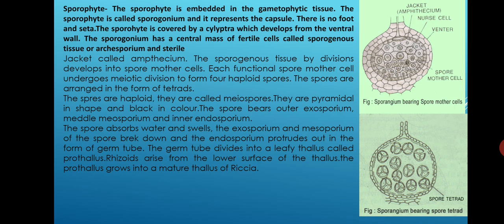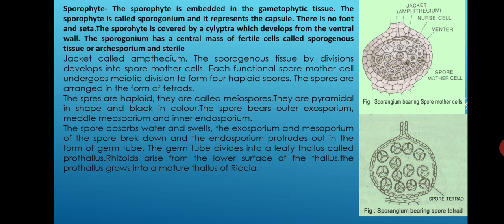The sporophyte is covered by a calyptra which develops from the venter wall. The sporogonium has a central mass of fertile cells called sporogenous tissue or archesporium, and a sterile jacket called the amphithecium.